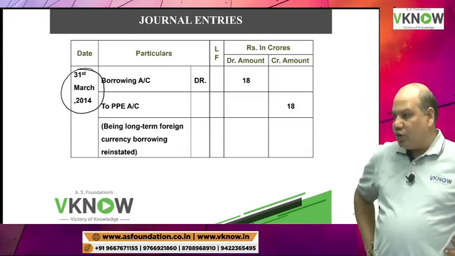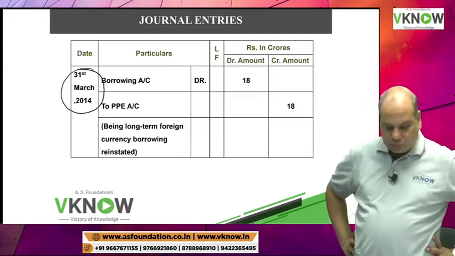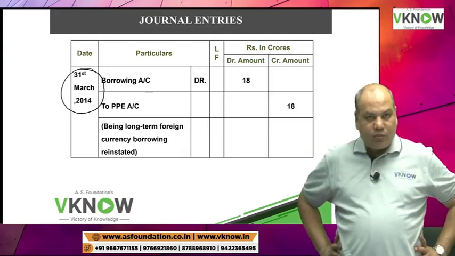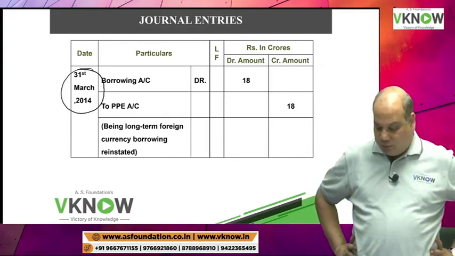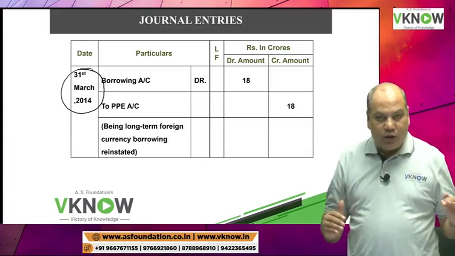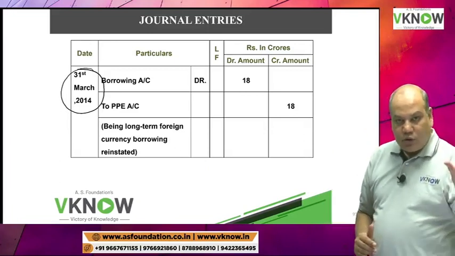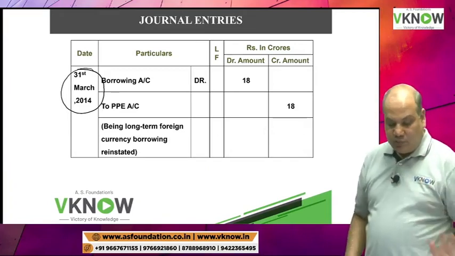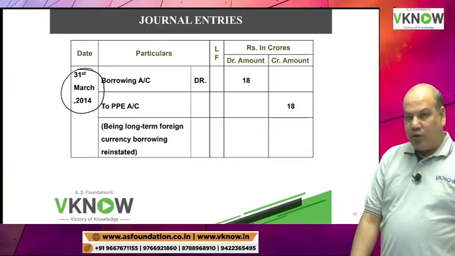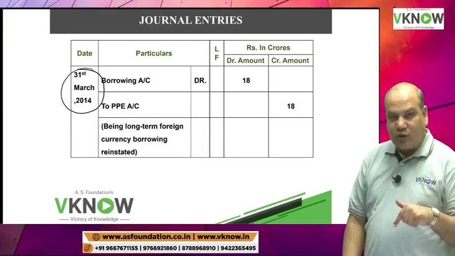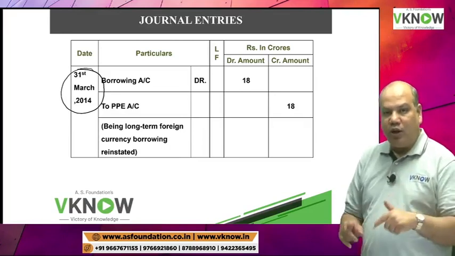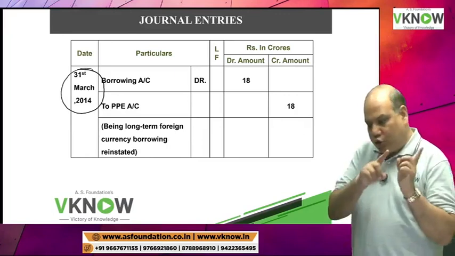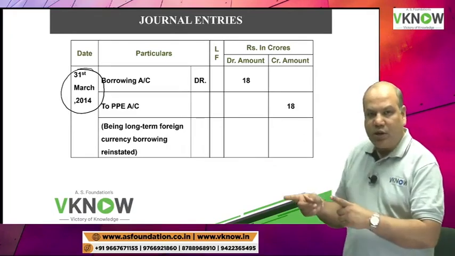31st March 2014. Now you see in the second year the exchange rate has gone down. So my liability will reduce by 18 crore. Borrowing account debit 18. And what para 46A says is, if that borrowing is for acquiring a depreciable capital asset, you will adjust 18 crore in the depreciable capital asset.